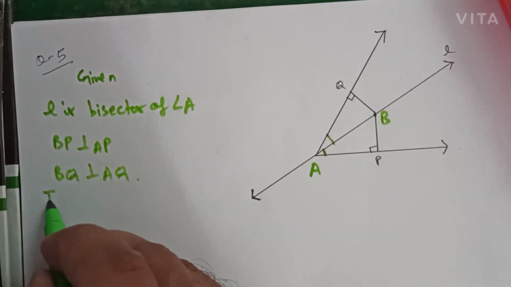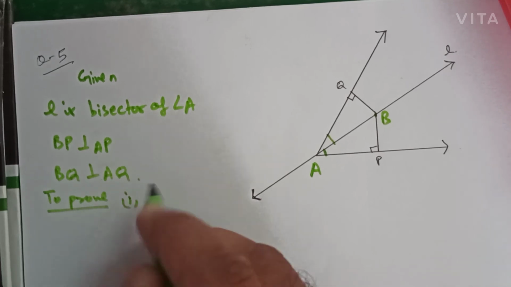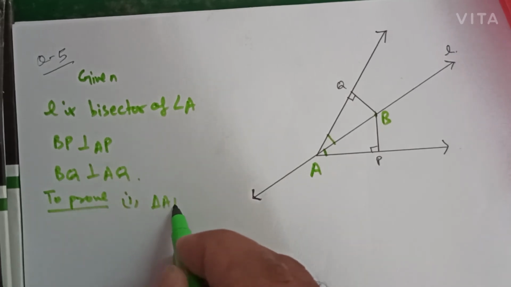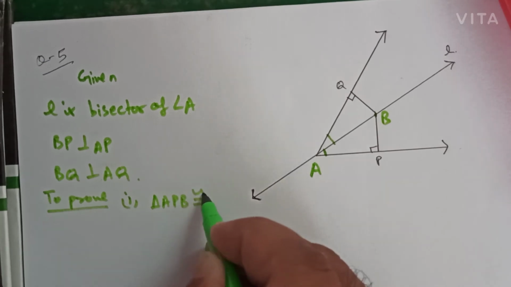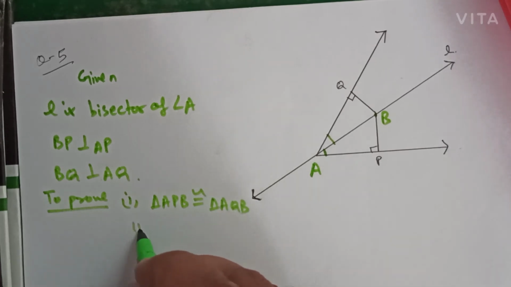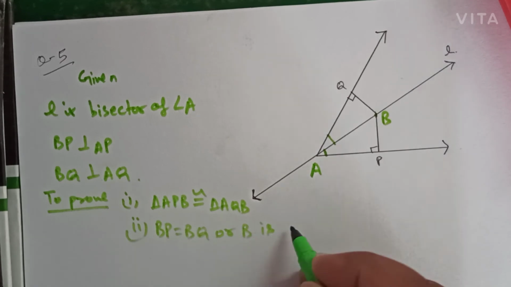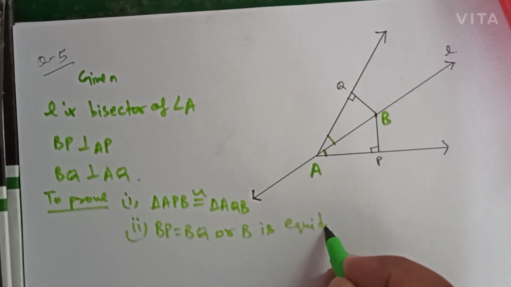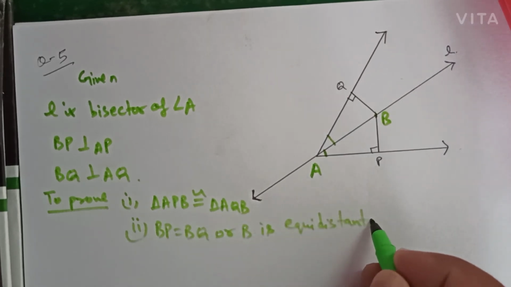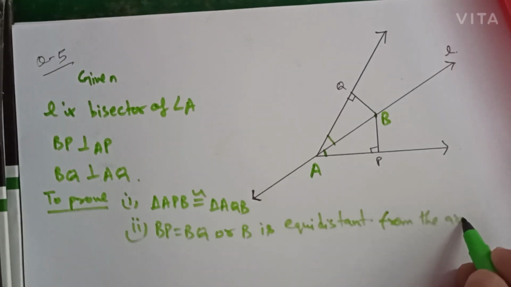What we have to prove in this first part is that triangle APB is congruent with triangle AQB. Second part, BP is equal to BQ, or B is equidistant from the arms of the angle.